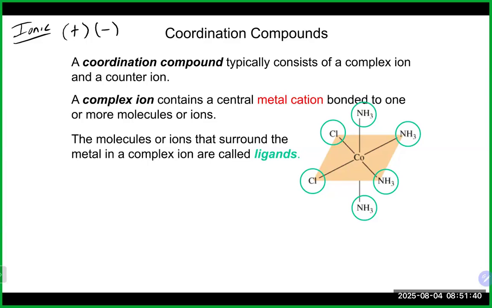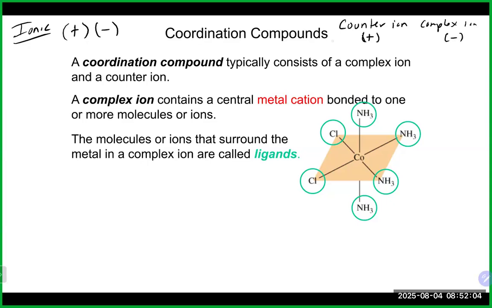When we talk about a coordination compound, it does contain both of those things, a complex ion and a counter ion. Depending on the situation, you could have a counter ion that is positive, and if you do, that would mean your complex ion is negative.